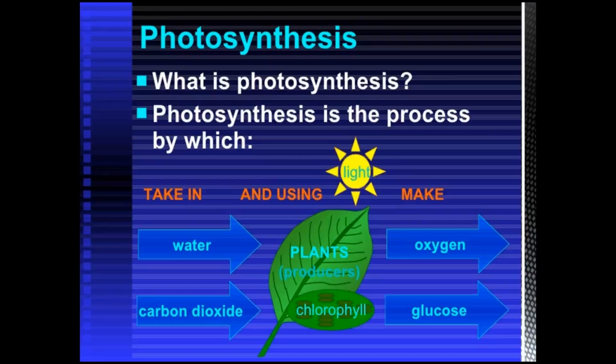In this process, carbon dioxide combines with water in the presence of sunlight and chlorophyll to form carbohydrate. During this process, oxygen is released as a byproduct.